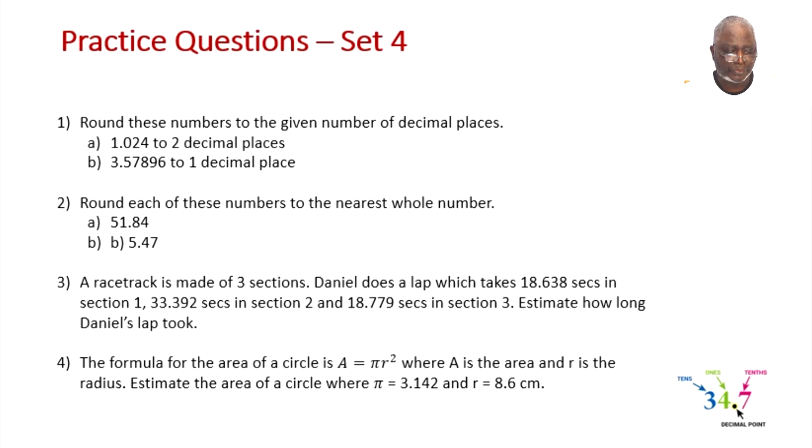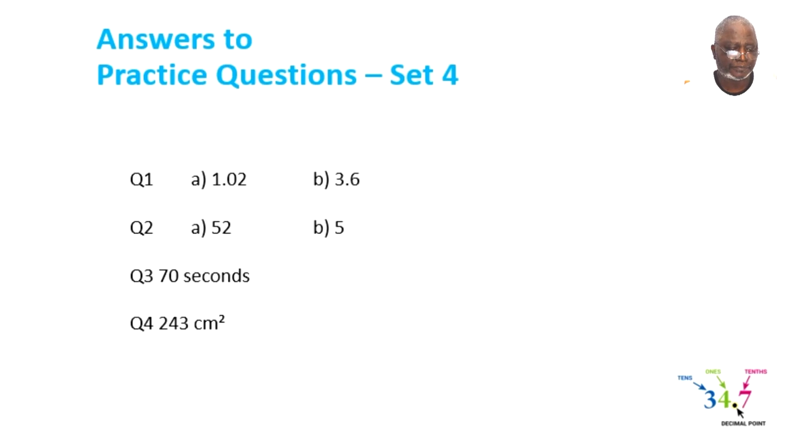Estimate the area of a circle where π is equal to 3.142 and r is equal to 8.6 centimeters. And that is your answer for questions 1, A and B, question 2, A and B, question 3, and question 4, all in centimeters. Question 4 is in centimeters squared because it's an area you're looking for.